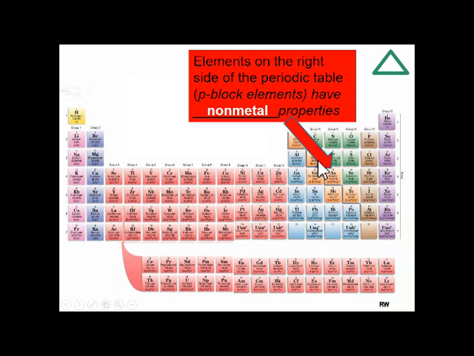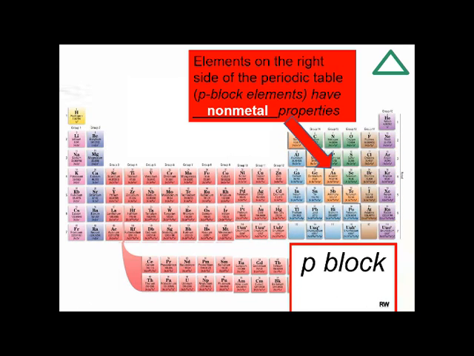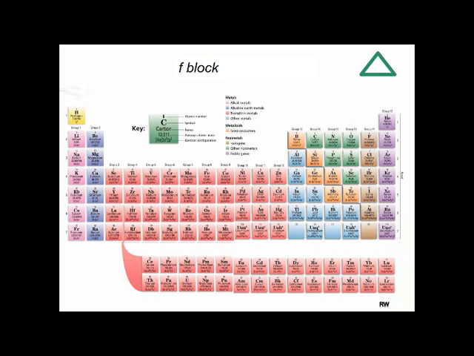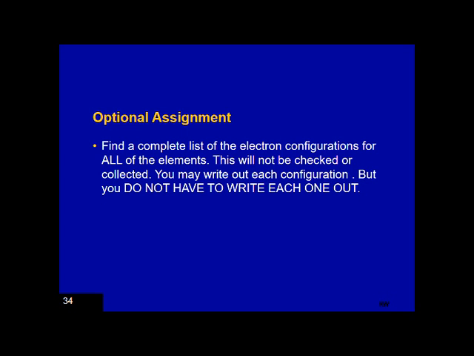Of course, there are metalloids, which can have non-metal properties and metal properties, and there are some metals over here. But generally speaking, right side, non-metal, left side, metal. That's the P block. All right, the F block is down here. If you remember your lesson on electron configurations, this F block is in that section of the periodic table where the F electrons are being filled up.